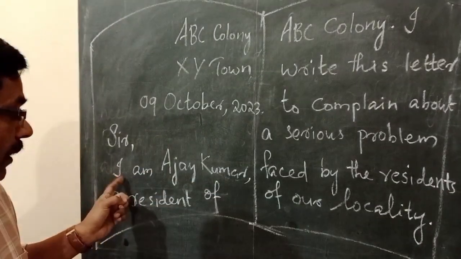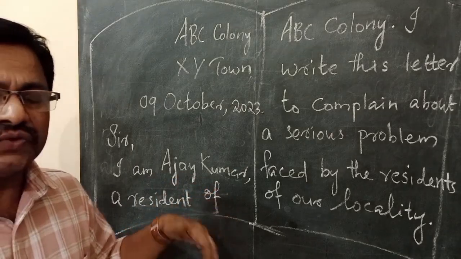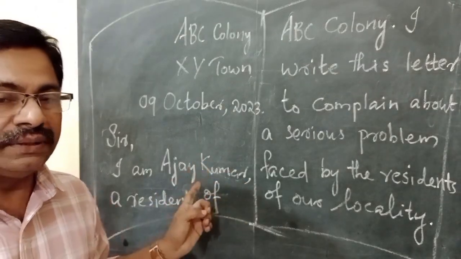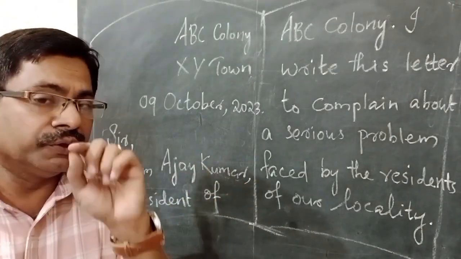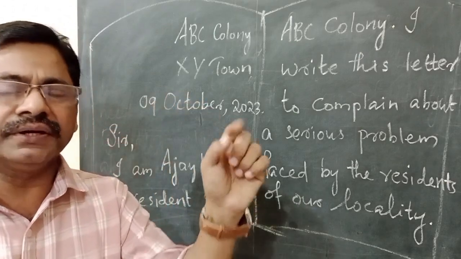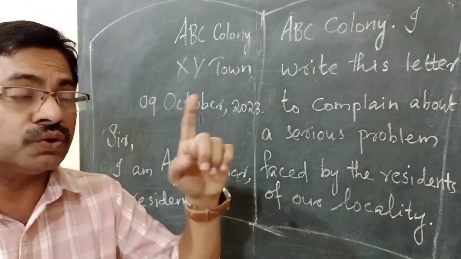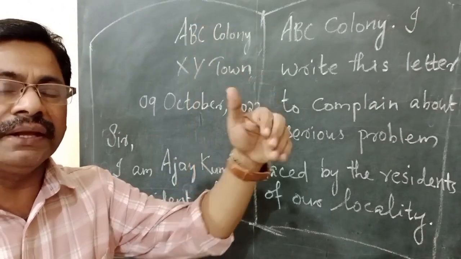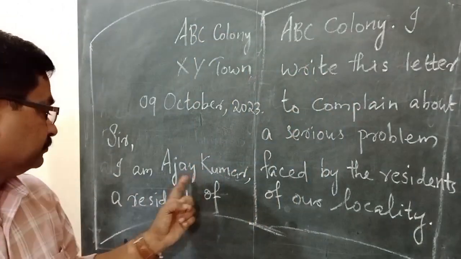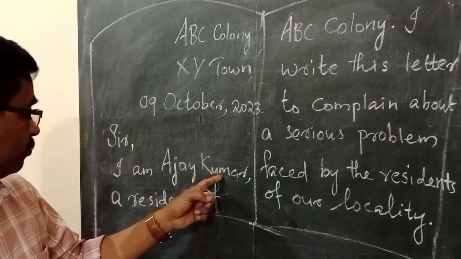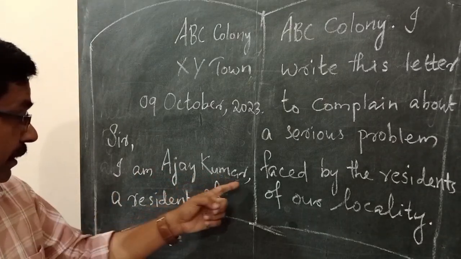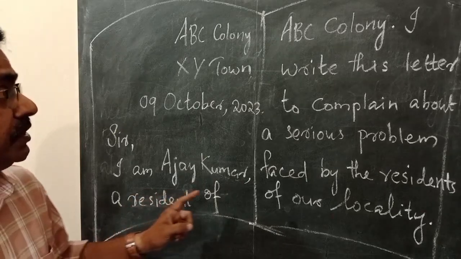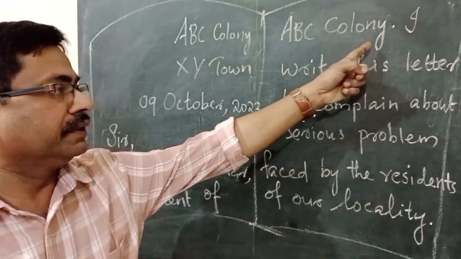So I am, full name. What is your full name? That should be written here. Sometimes you can see a name in the question paper. If it is so, you have to write that name mentioned in the question paper here. I am Ajay Kumar, comma, a resident of ABC colony.